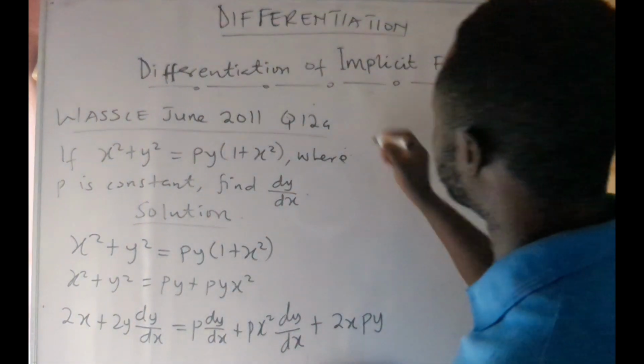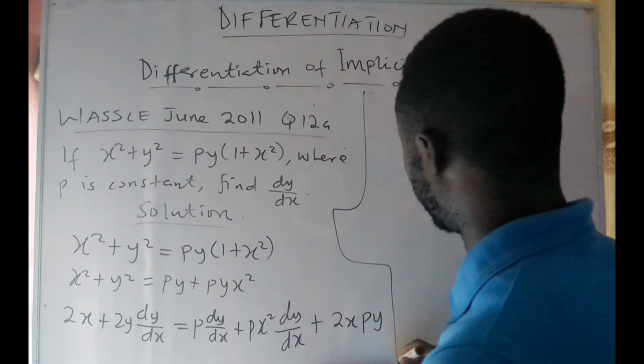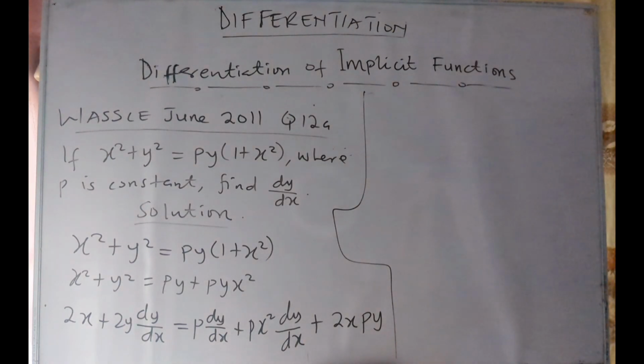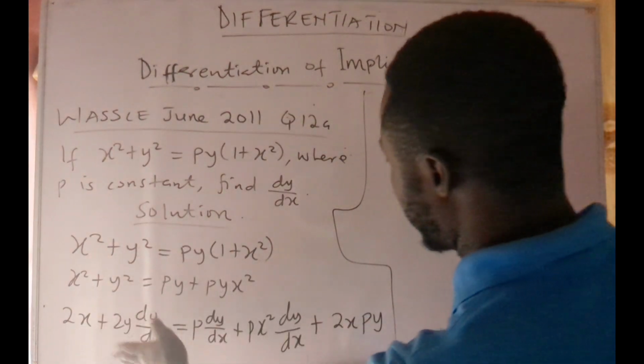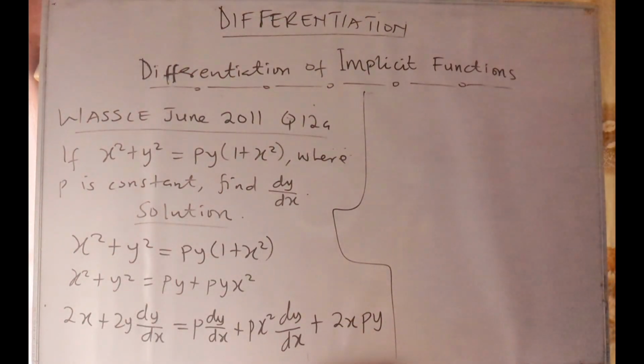All right, so let's continue. Our aim is to make dy on dx the subject. So we will take the dy on dx terms to one side and bring the other terms to the other side.